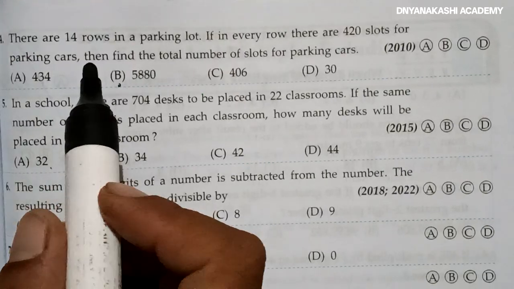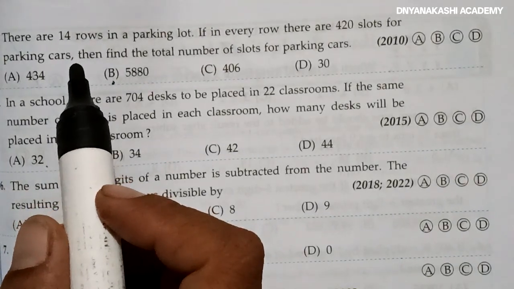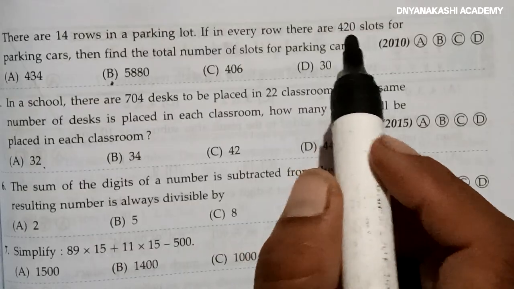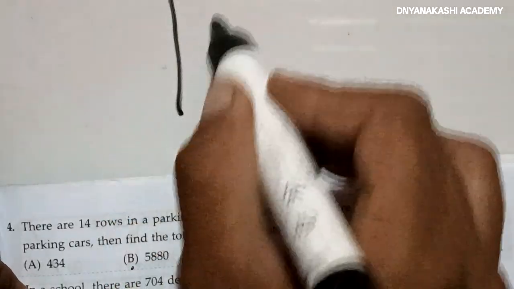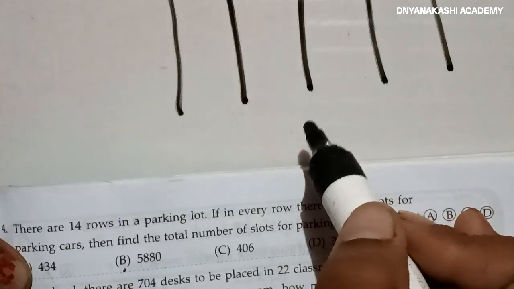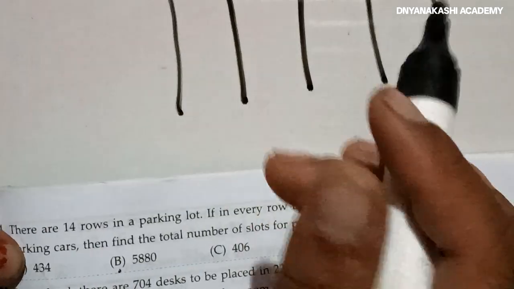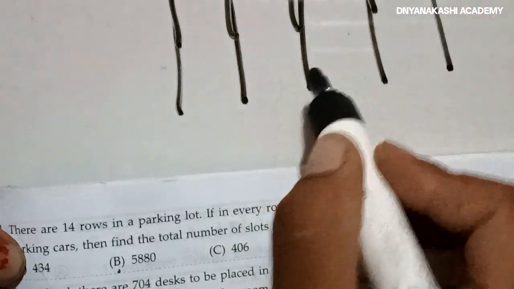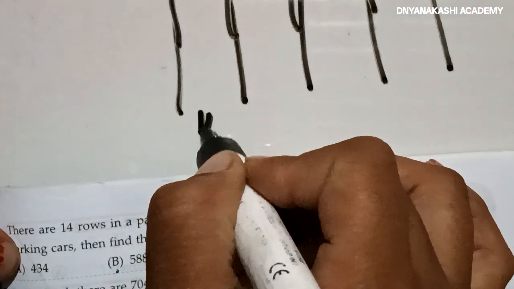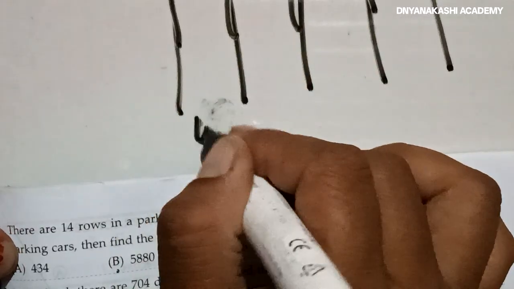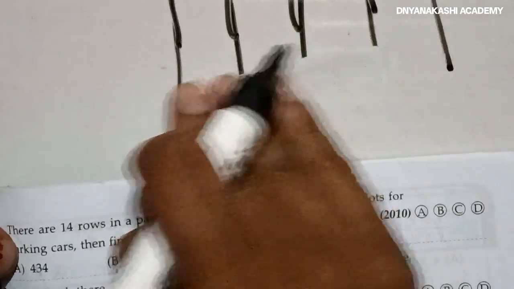In each row, there are 420 slots. Total 14 rows are there. One row containing 420. What do we do for the answer?